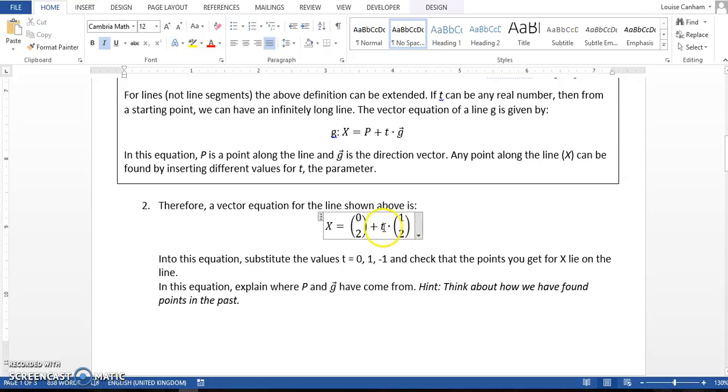And then if we just change t, so here I ask you to substitute t is 0, 1 and -1 into this equation, and check that the points that you get for x lie on the line. So if, for example, t is equal to 1, then I have 1 times (1, 2), which is of course (1, 2).